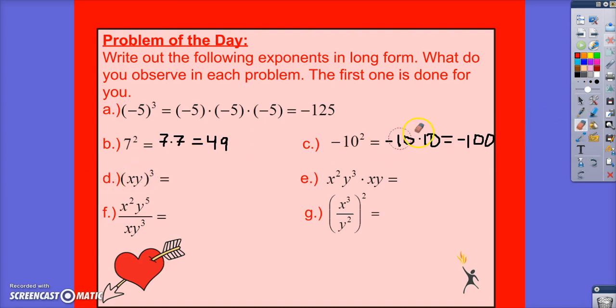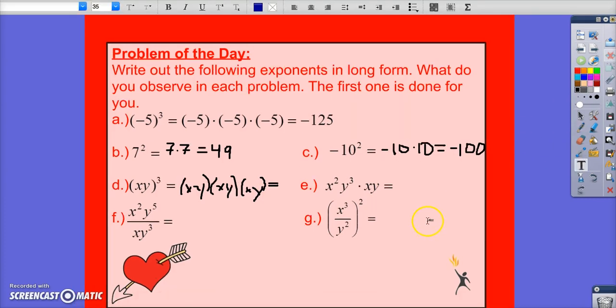Before I actually talk about the ones, let me backtrack for a second. Quantity xy cubed is xy 3 times. Which, if I want to simplify, that means, I might type this one out here.